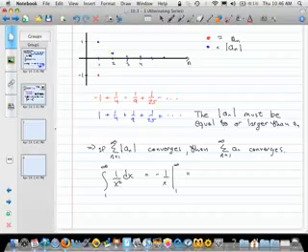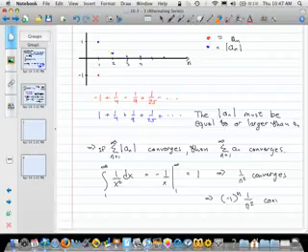It has a finite value, right? It's 1. Yes. So that means the 1 over n squared series converges, which means that the sum of negative 1 to the n times 1 over n squared converges.